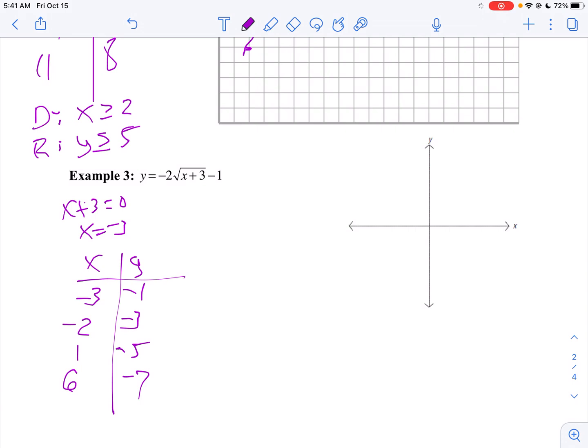So I'm going to start at negative 3 and negative 1. Then I'm going to go to negative 2 and negative 3. 1 and negative 5. And then 6 and negative 7.